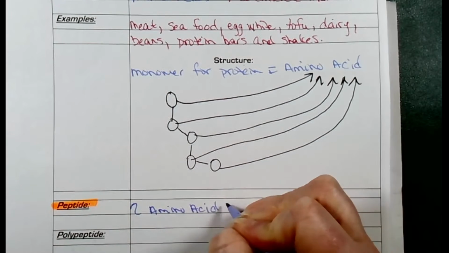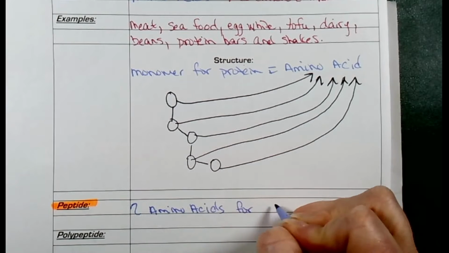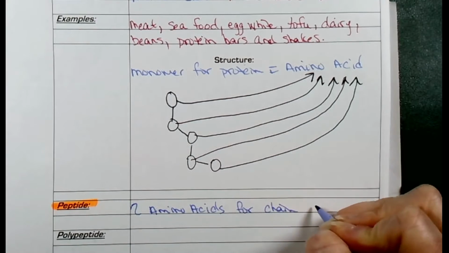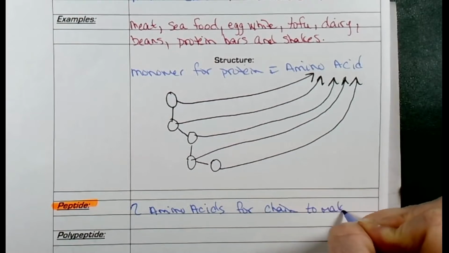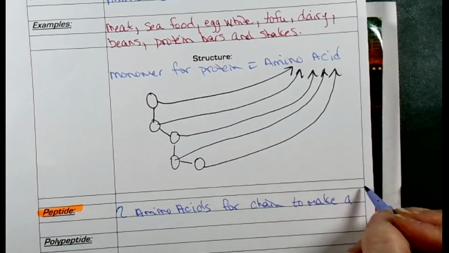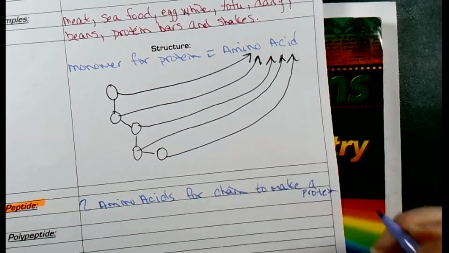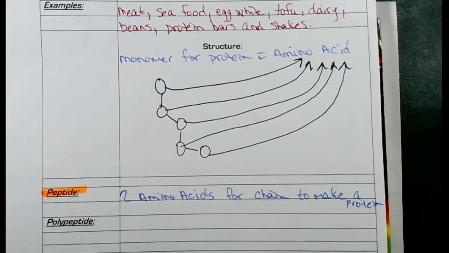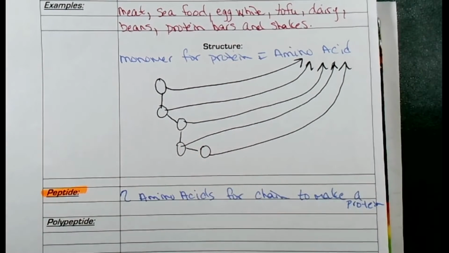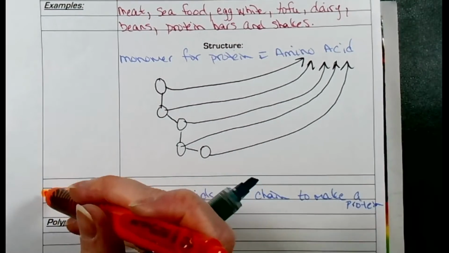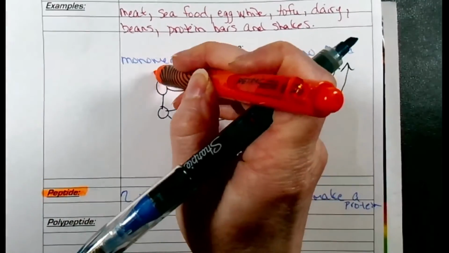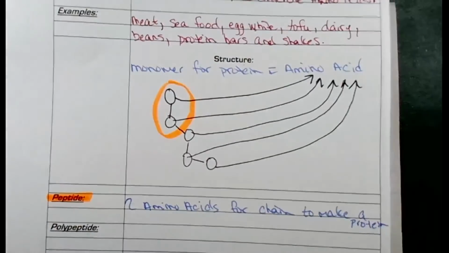So 2 amino acids form a chain to make a protein. If we look at a peptide right here, a peptide would be 2 amino acids bonded together.